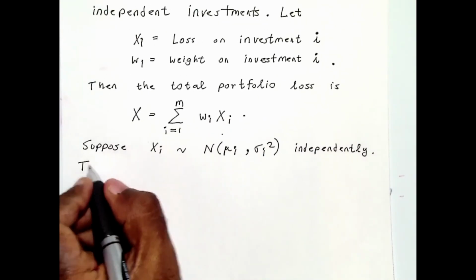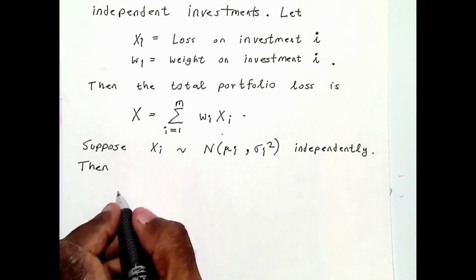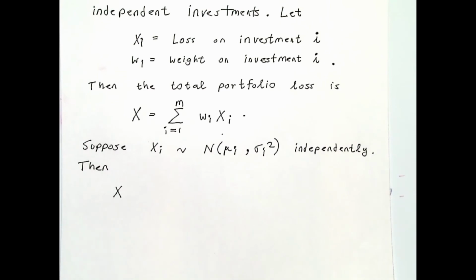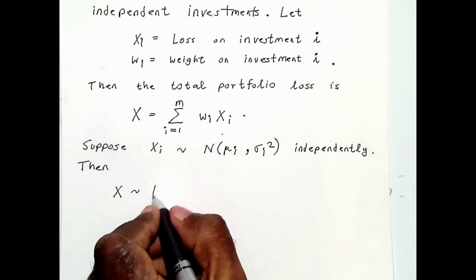Then it can be shown from what you learned in year 2, I mean, you must know this, that if you have independent normal random variables, then their linear combination is also a normal random variable.